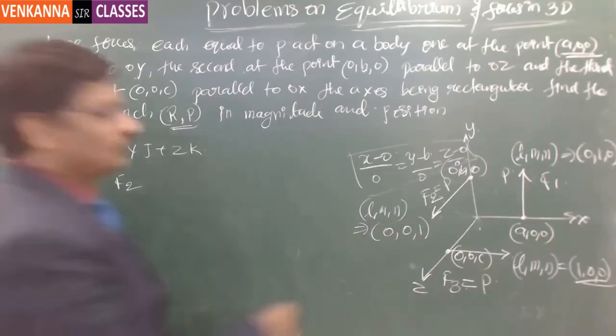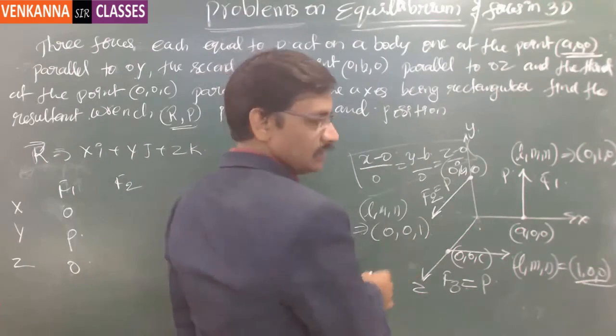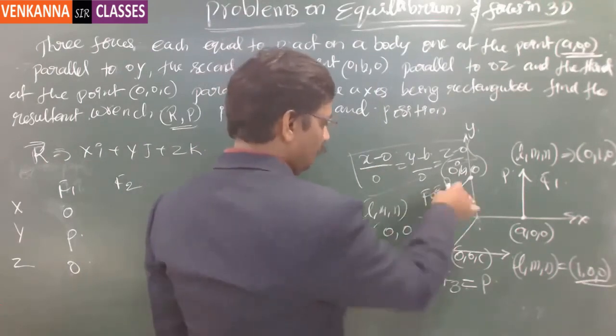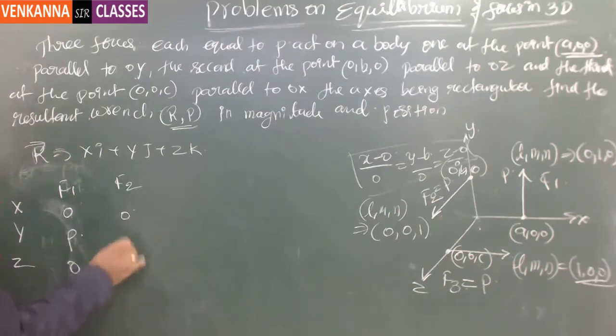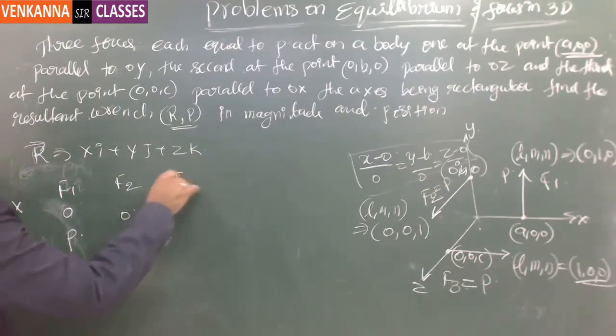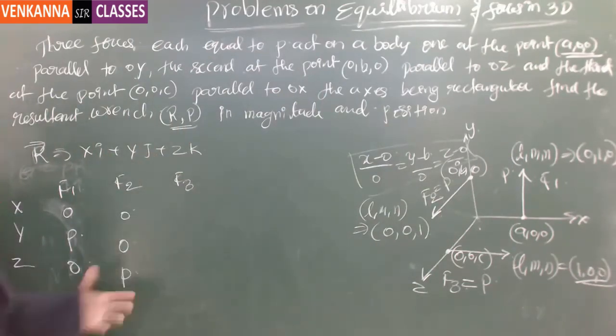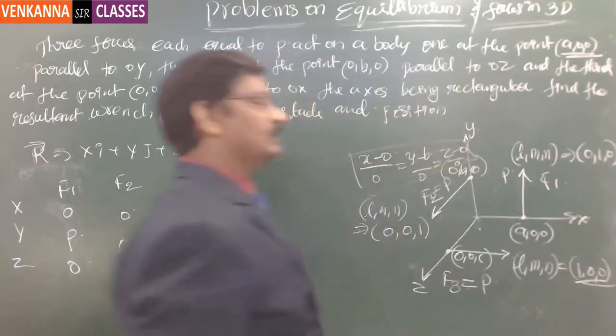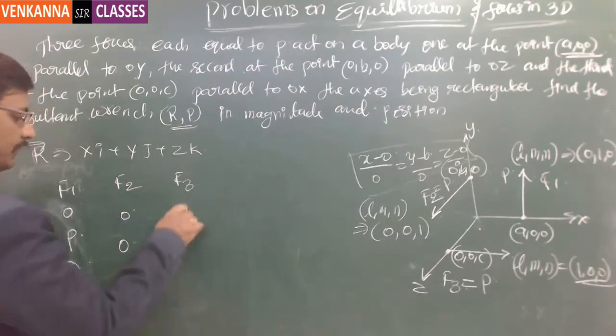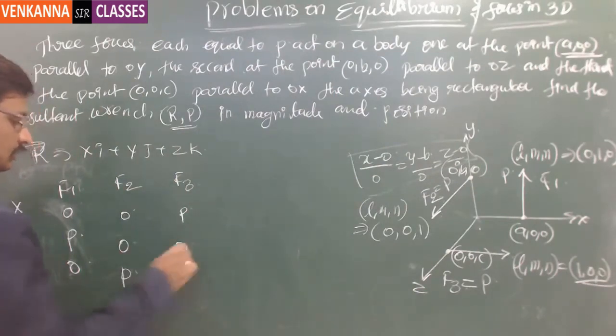For F2, you multiply with its directional cosines: P into 0, P into 0 and P into 1, so that is 0, 0 and P. For F3, this force is parallel to the x-axis, so this is P, this is 0 and this is 0.